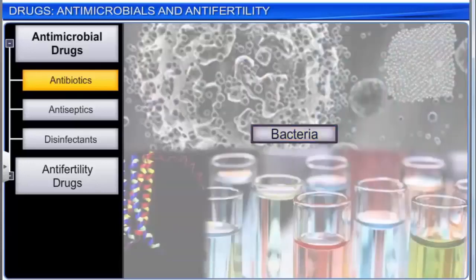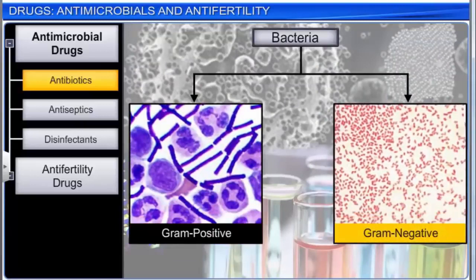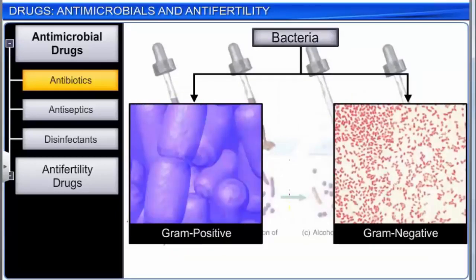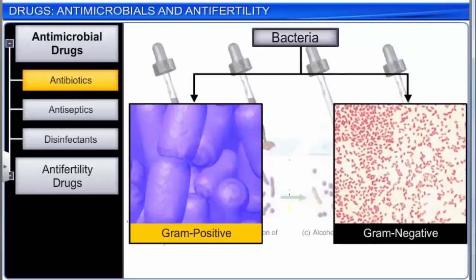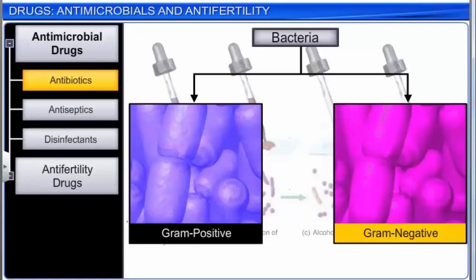Bacteria are grouped as gram-positive and gram-negative on the basis of the results of the gram staining test. Bacteria that stain purple are termed gram-positive, and those that stain pink, gram-negative.